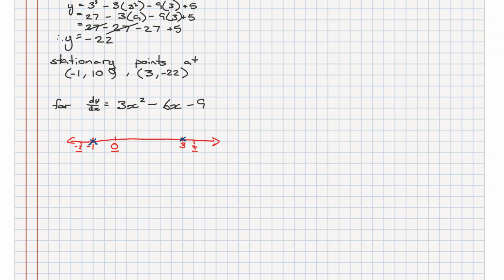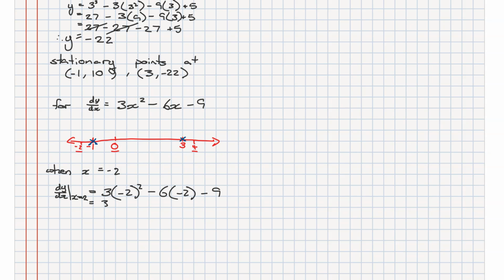Alright, starting from negative 2, when x equals negative 2, in this case it will be dy over dx, and we can use our Leibniz notation like this. Substituting that in will be 3 times negative 2, all squared, minus 6 times negative 2, minus 9.